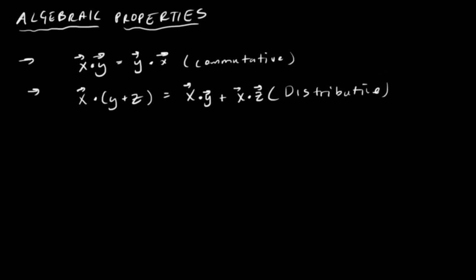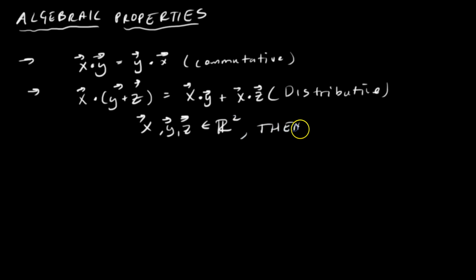Okay? So how can we prove this distributive property? Well, let's do it. Let's say we have x. Actually, this should be a vector here. Let's say we have vectors x, y, z in 2 dimensions.